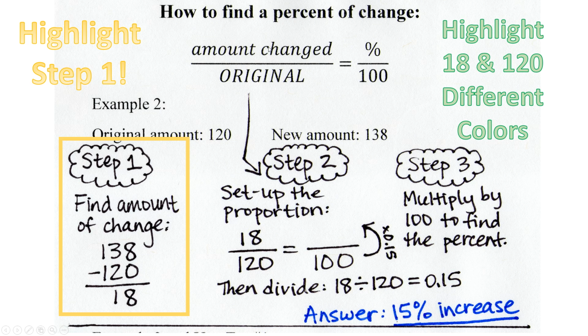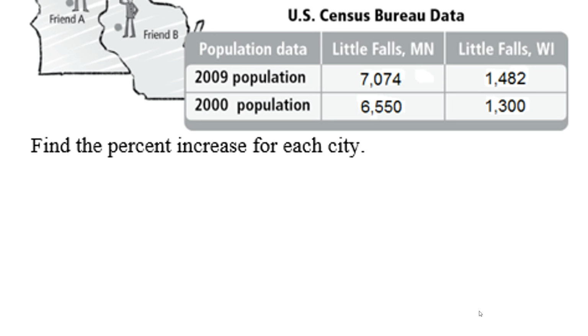I would highlight the amount changed in that same color up here. And then the 120, I would highlight a different color and highlight the original amount in the setup. And then the rest we've learned how to solve. So you divide, multiply by 100, and the answer is 15% increase because it's gone from 120 to 138. So there is an increase.